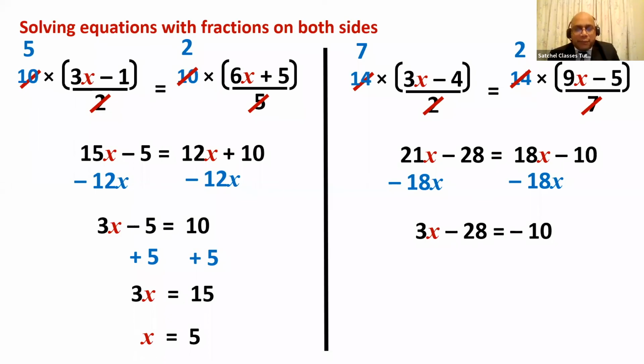Inverse of minus is plus 28, so you add 28 on both sides. Minus 28 plus 28 on the left is 0, so you're left with 3x. And on the right, we have minus 10 plus 28, which is 18. 3x equals 18, you can see the answer now. x equals 18 divided by 3, which is 6, right?